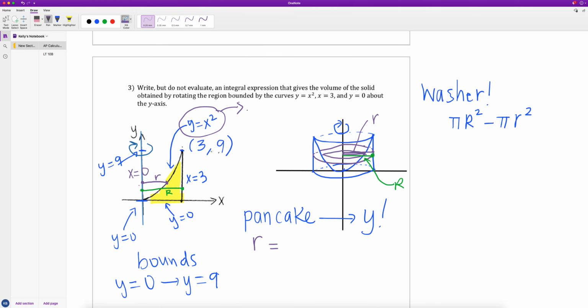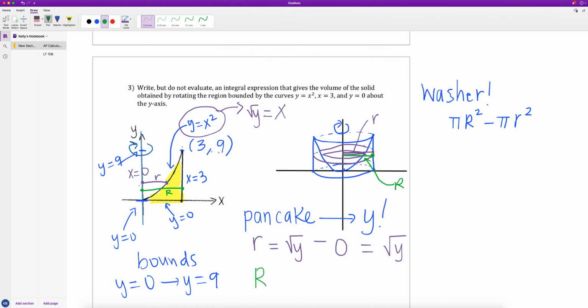I'm going to square root both sides to get the square root of y equals x, and I now have something that I can plug in. My right curve is y equals x squared, but I want to use this alternative equation where I'm in terms of y instead. So my right curve is going to be the square root of y, minus our left curve, x equals 0, so just minus 0. So our baby radius, if we simplify that down, is just going to be the square root of y.